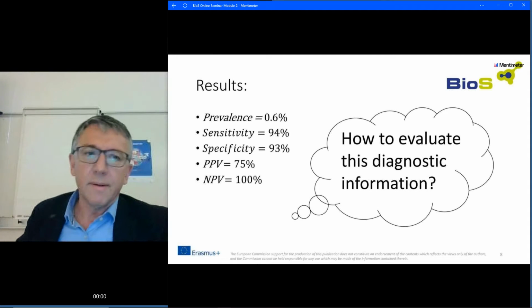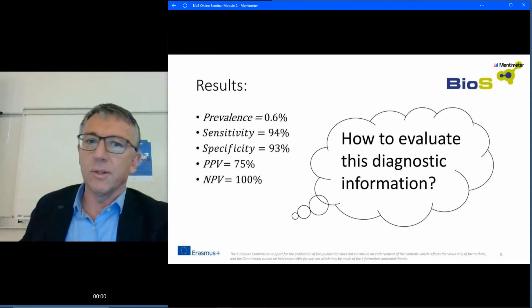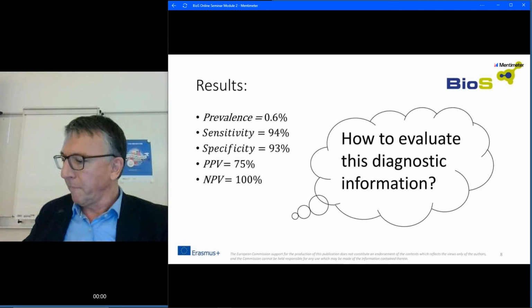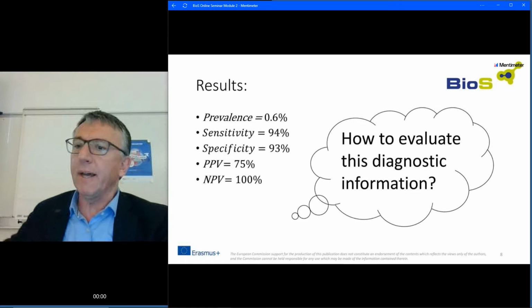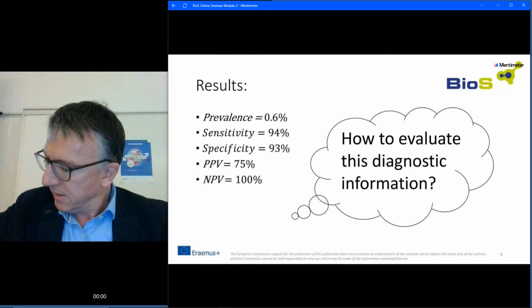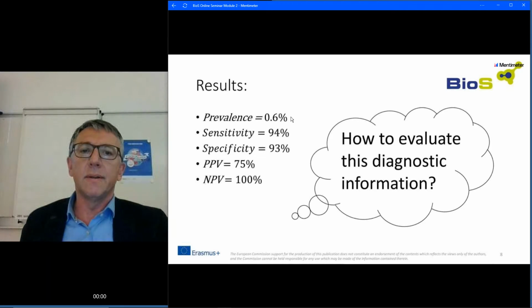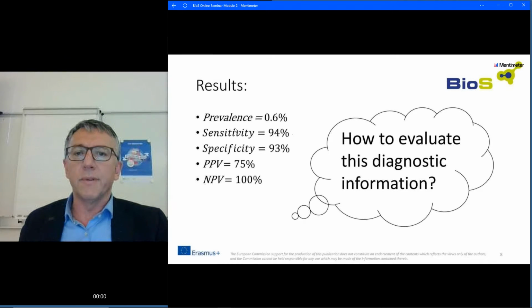Now, how do we evaluate this diagnostic information? We have a prevalence in the population of women aged 55 of breast cancer. We do have the sensitivity and the specificity of the test.